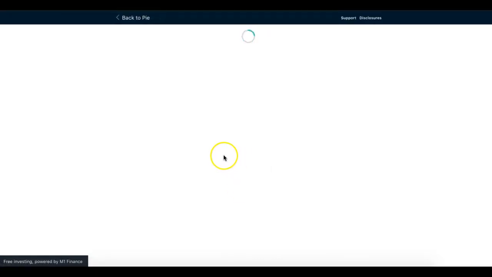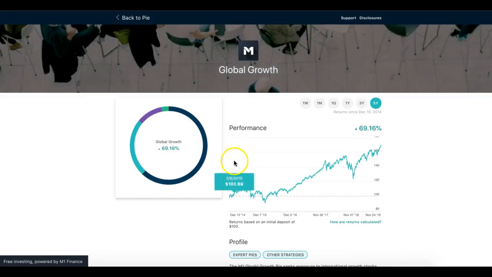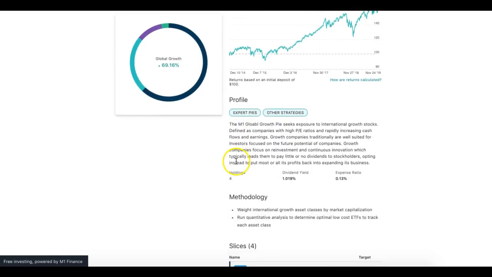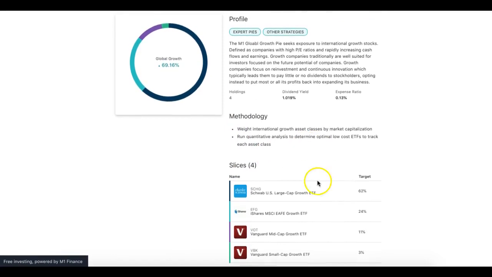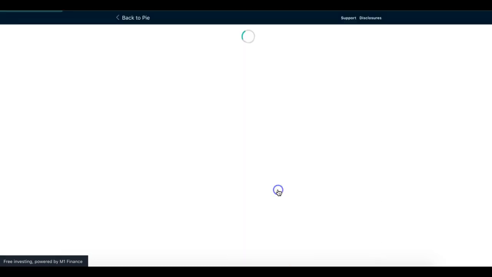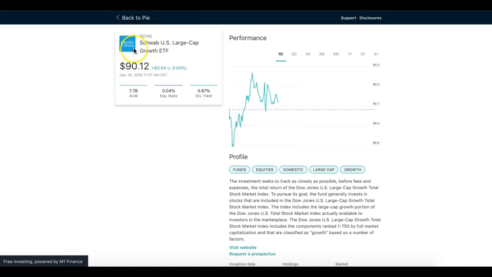So let's click on this, and when we get in here, as you can see, these are individual companies that go out to buy other companies. For example, if I click on this one right here, we all know who Charles Schwab is.